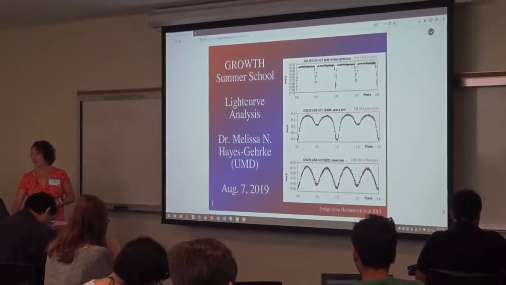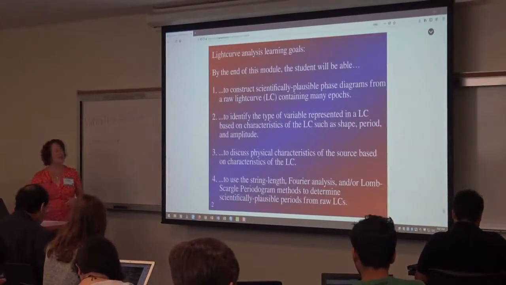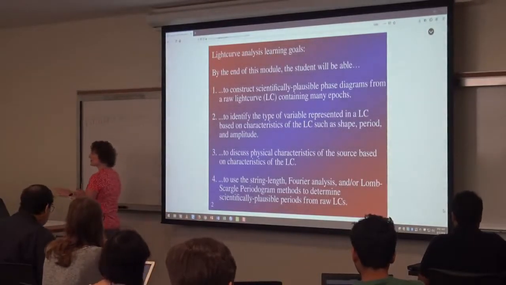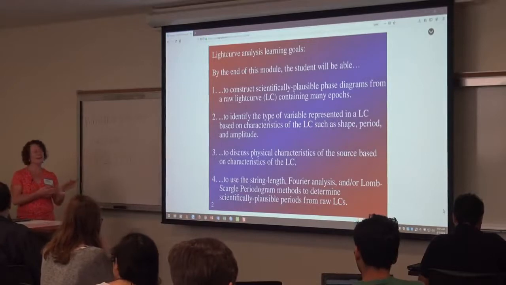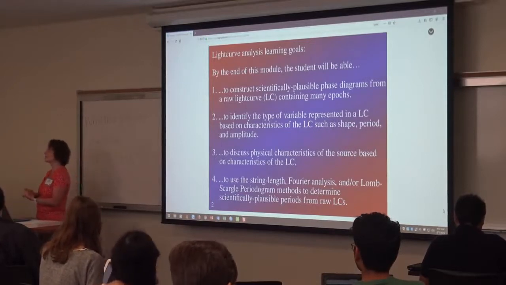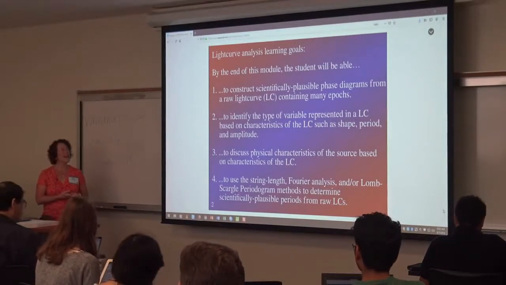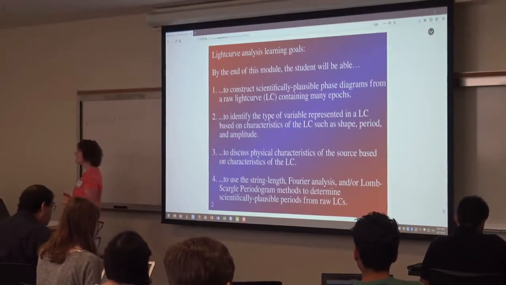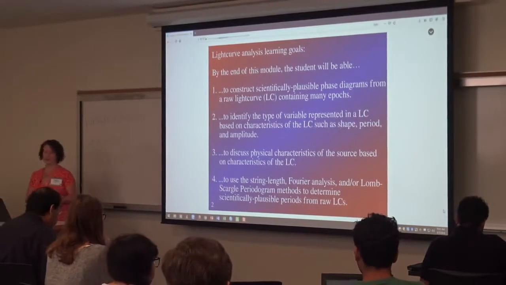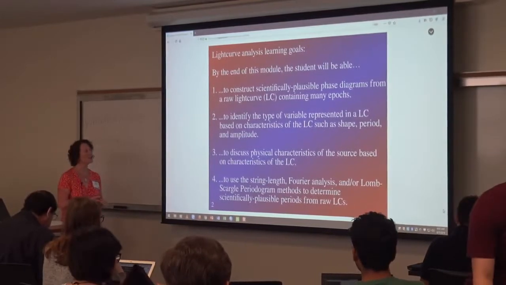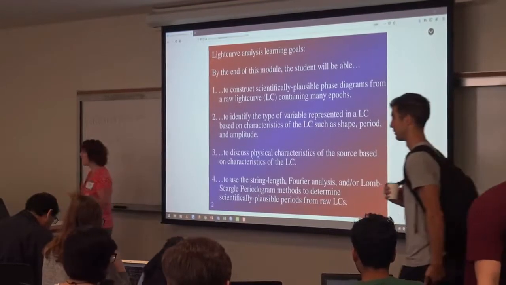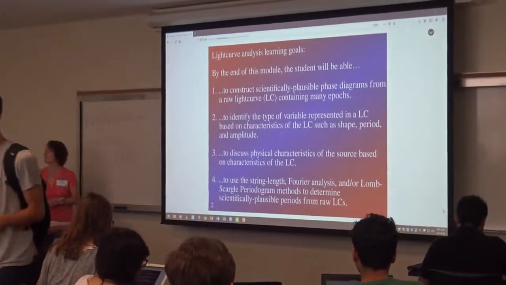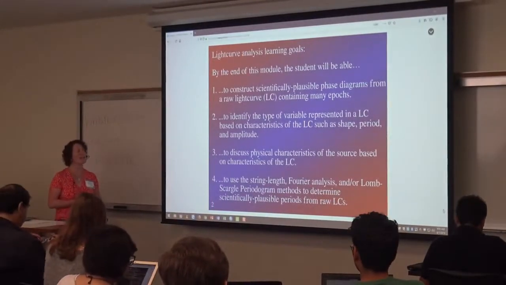All right. So first thing to talk about is learning goals for this module. So our light curve analysis learning goals. Hopefully by the end of the module, you're going to be able to do these 4 things. Construct a scientifically plausible phase diagram from a raw light curve containing many epochs, so many sets of observations. Identify the type of variable represented in a light curve based on characteristics such as shape, period, and amplitude.